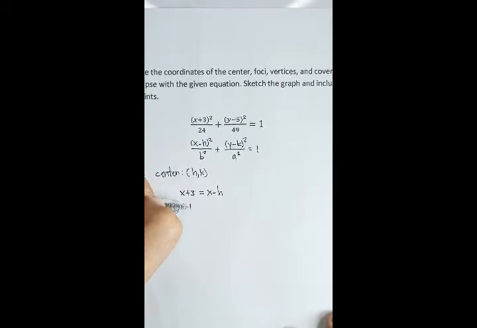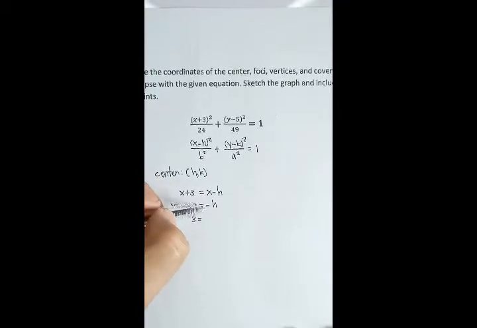Then the plus 3, what remains on the other side is only negative h. And then the x cancels out. What remains on the left is 3 is equal to negative h.